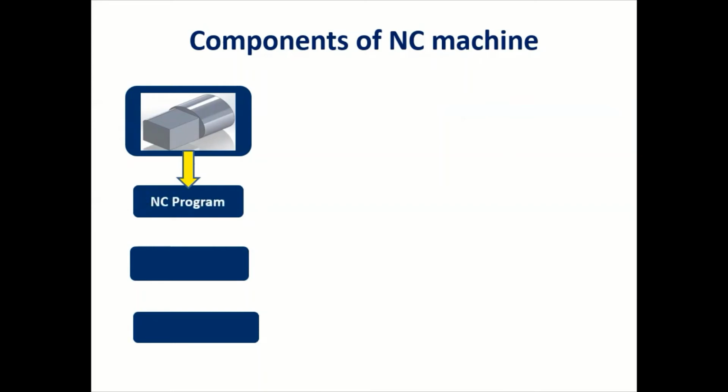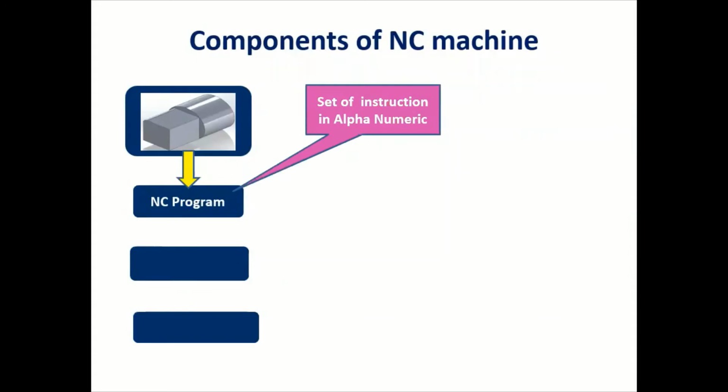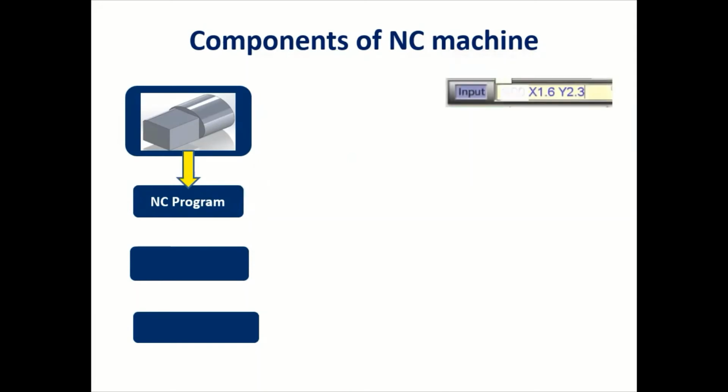The part program is a set of instructions given to the machine tool for carrying out the operation in alphanumerical form, which means we can use alphabets and numbers to write the program. That will be given as the input.